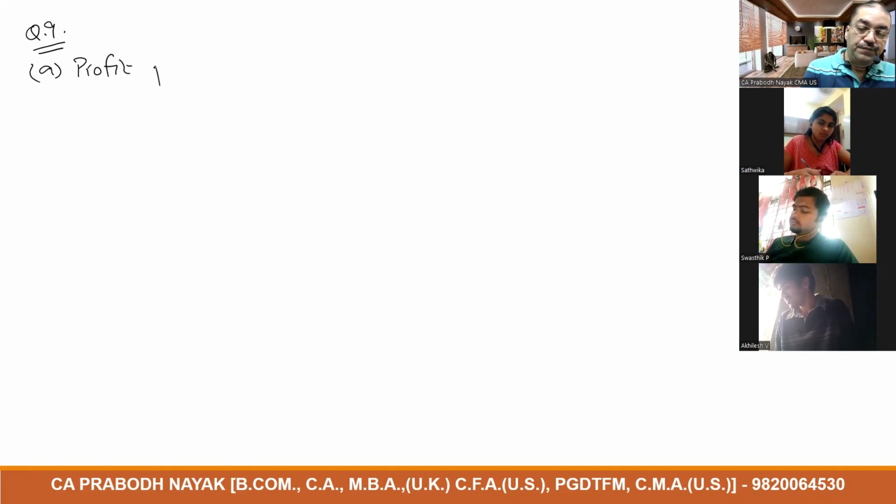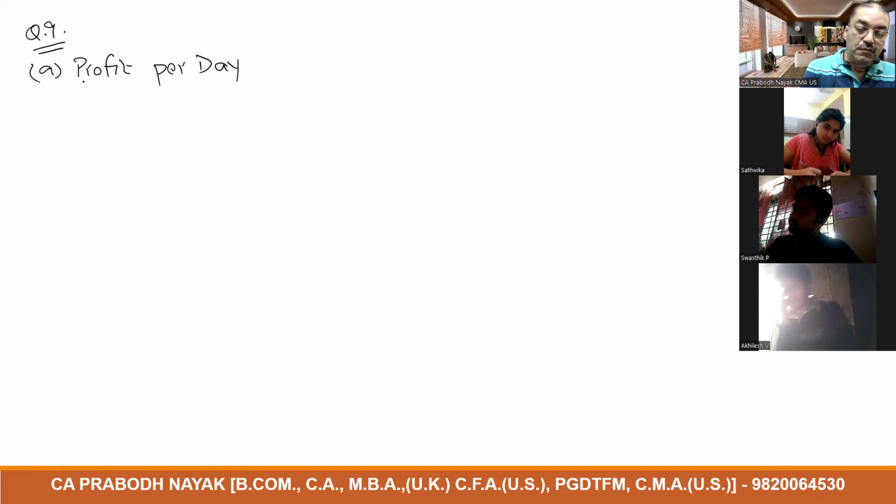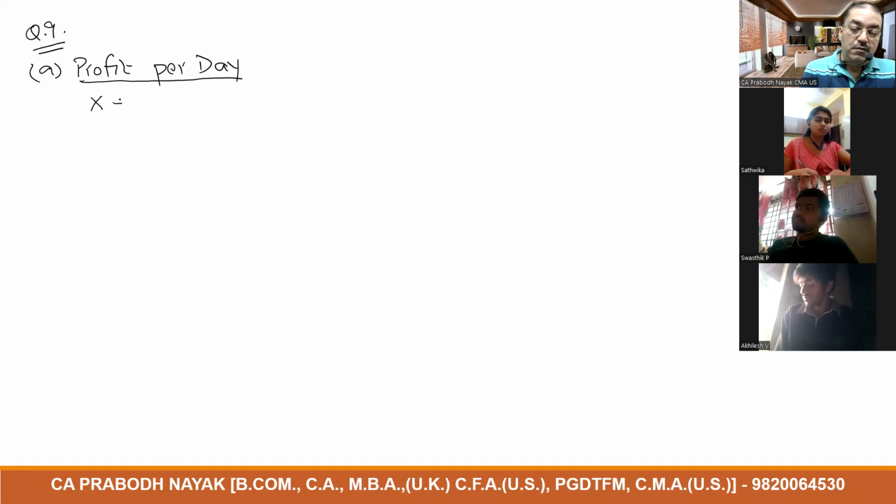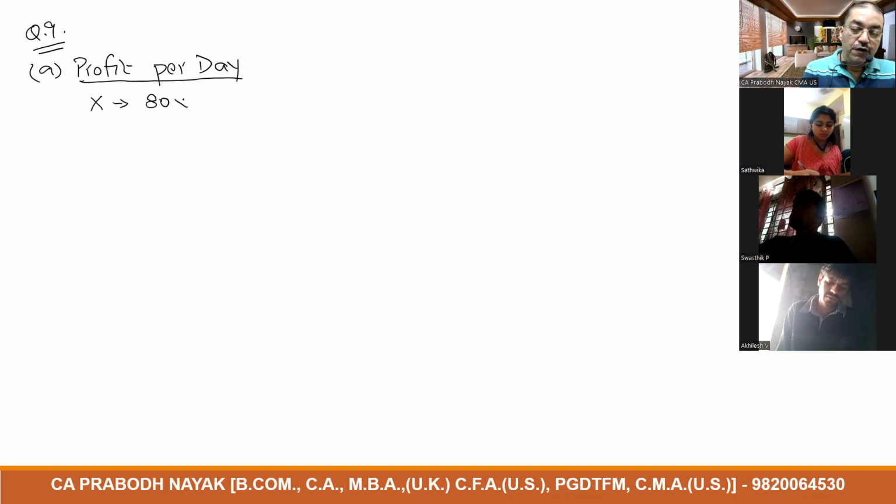For X we have contribution 80 into 6,000 units, that is 4,80,000.